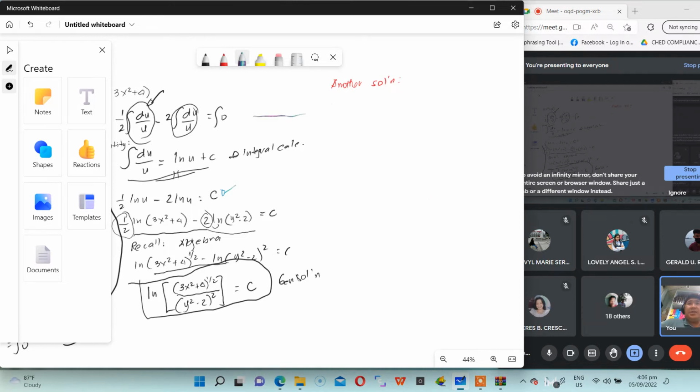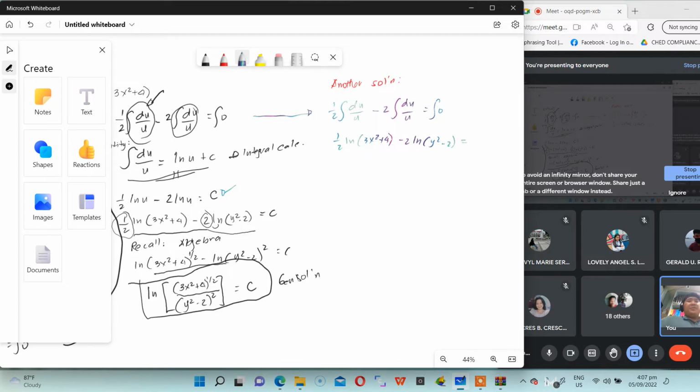It started with 1/2 integral of du over u minus 2 integral of du over u equals integral of 0. From here, the integral will be 1/2 ln of 3x squared plus 4 minus 2 ln of y squared minus 2.